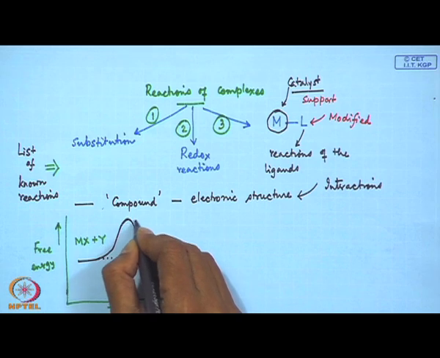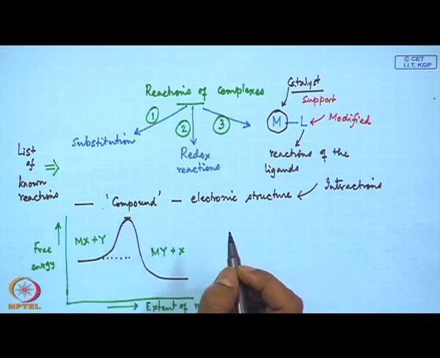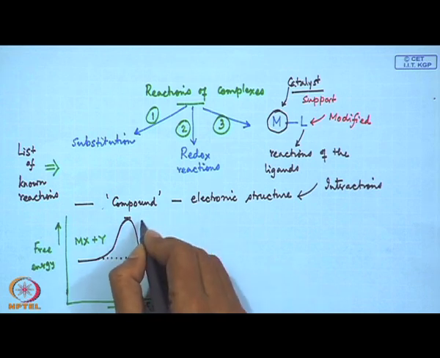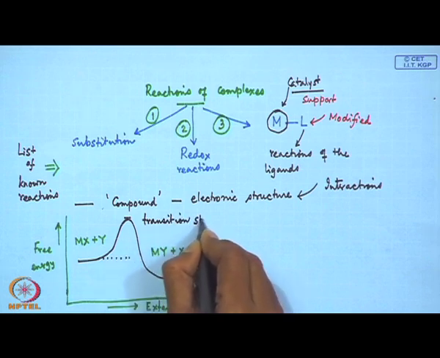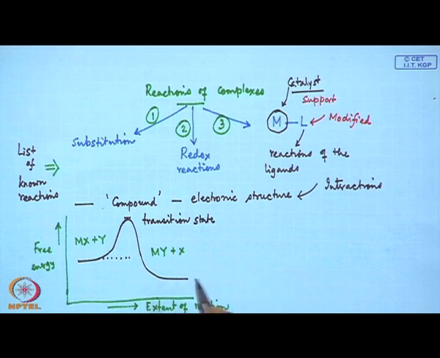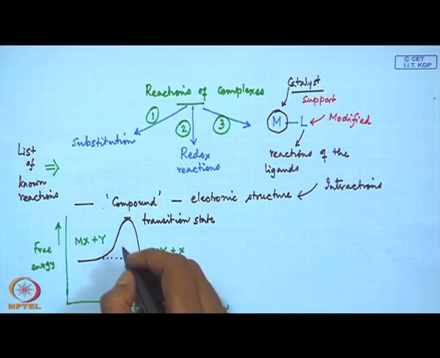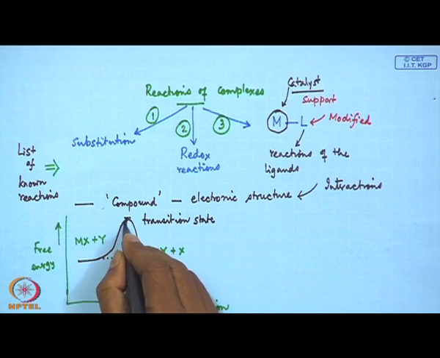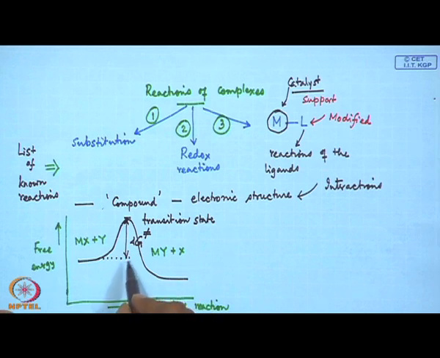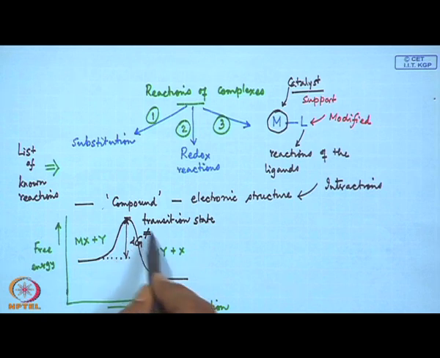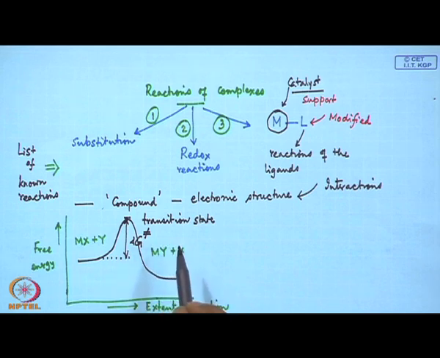Because we have to cross something, some barrier has to be covered. So, this is the corresponding transition state, and we will consider more of the transition state theory later. This is the free energy change we consider as the free energy of activation, delta G dagger. So, this is the free energy change of activation for the reaction. We can measure and find out these parameters, and ultimately we can know the exact form of these reactions and their mechanisms. Thank you very much.